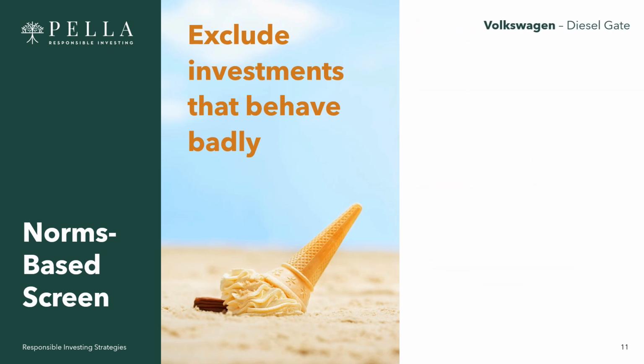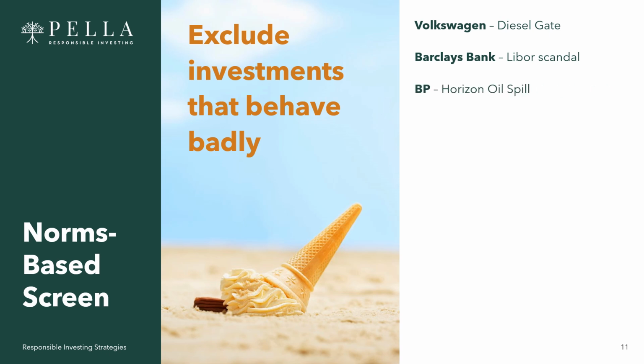First, there's the Dieselgate incident, where Volkswagen was found to have installed software in diesel vehicles to cheat on emissions tests. Then we have the LIBOR scandal involving Barclays Bank, which manipulated interest rates to benefit its trading positions. Next, the Horizon oil spill, where BP's alleged negligence caused extensive environmental damage in the Gulf of Mexico.